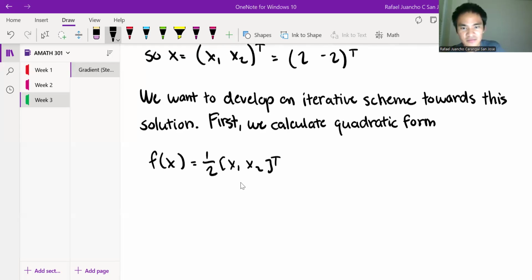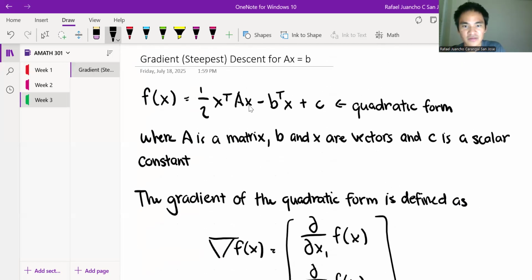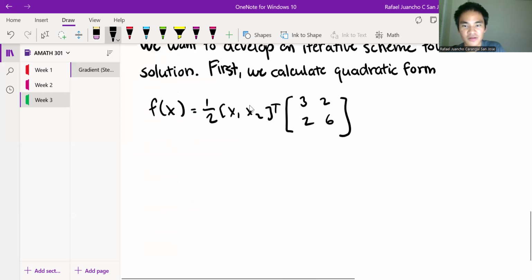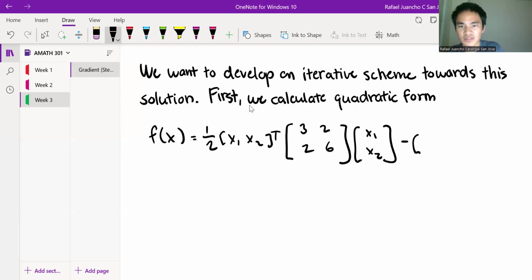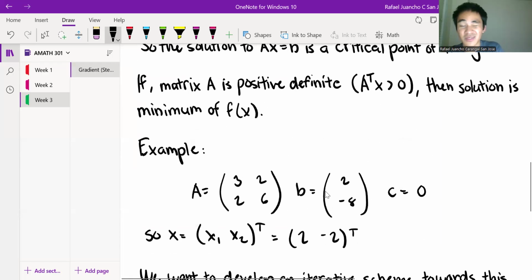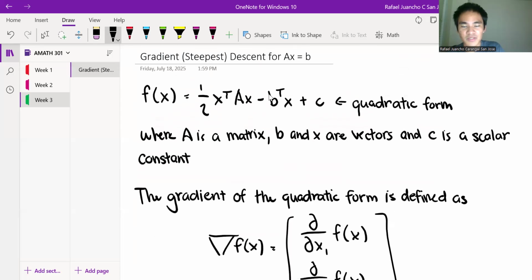My A vector, so 3, 2, 2, 6, times my column vector of x, so some x1, some x2. And I'm going to subtract that to my b vector, my b transpose.